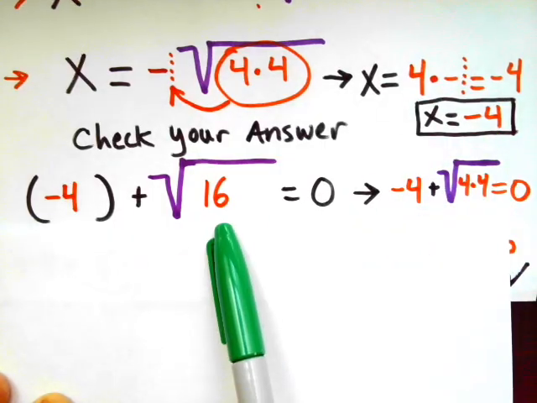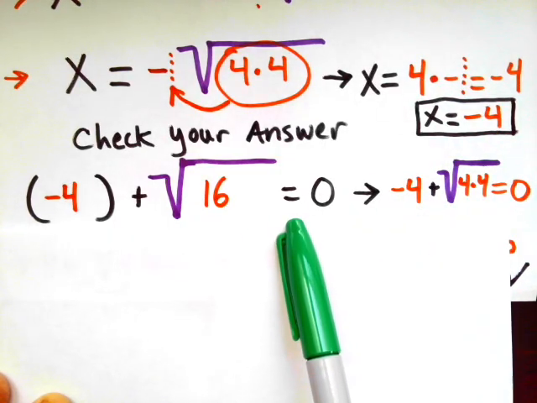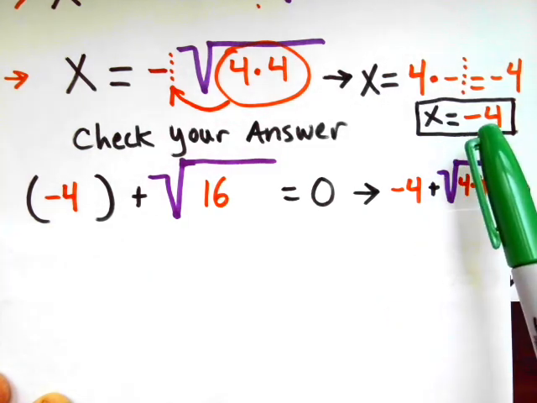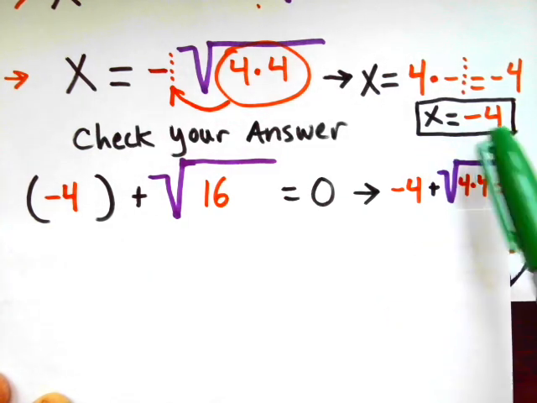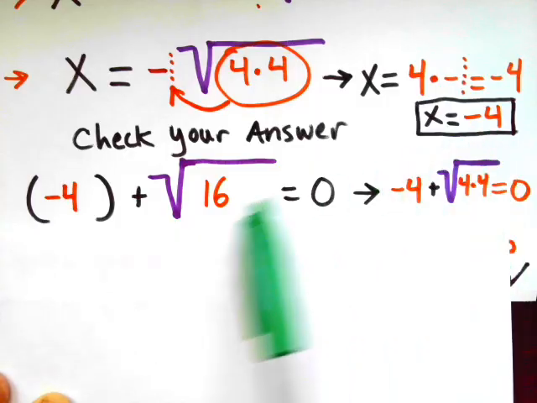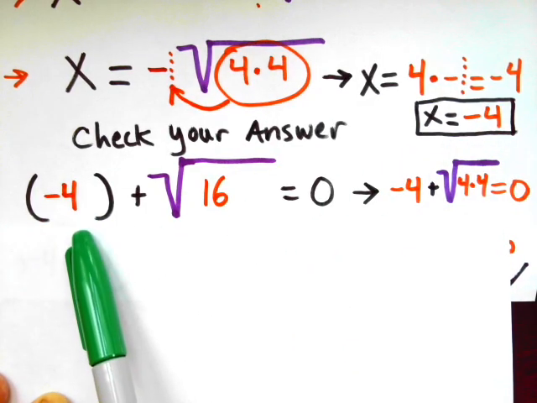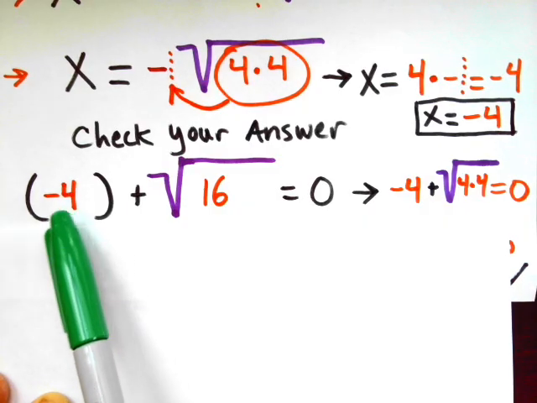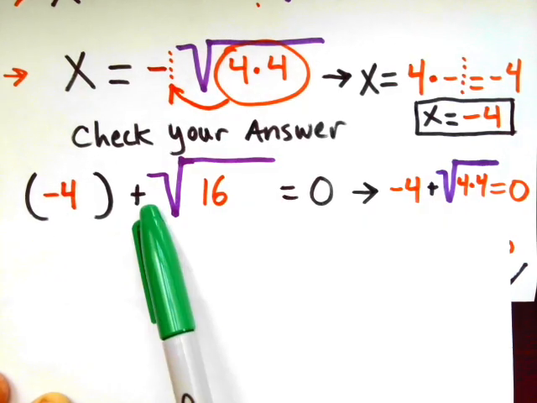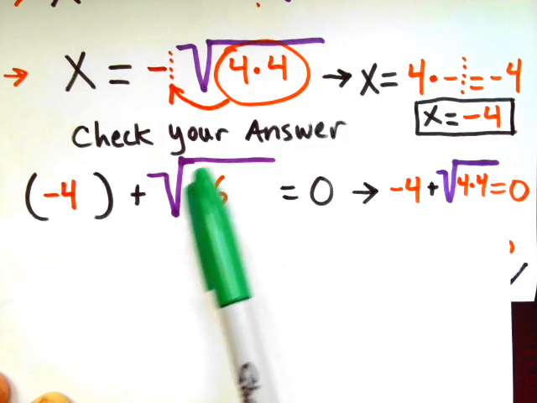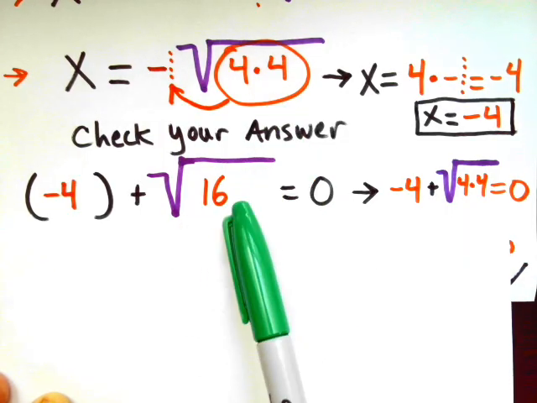And if one side of the equation equals the other side of the equation, then I know my answer is correct. X equals a negative 4. So I'll substitute that negative 4 where x was in the original problem. Negative 4 is now in the place of x, plus the square root of 16 equals 0. Well, I know the square root of 16 is that perfect pair of 4s.